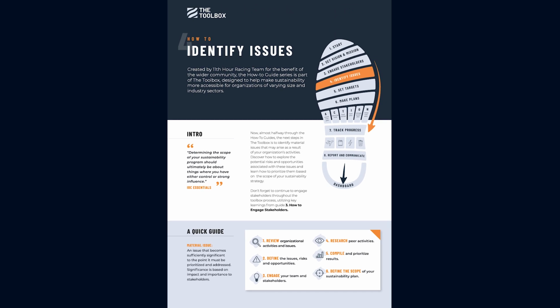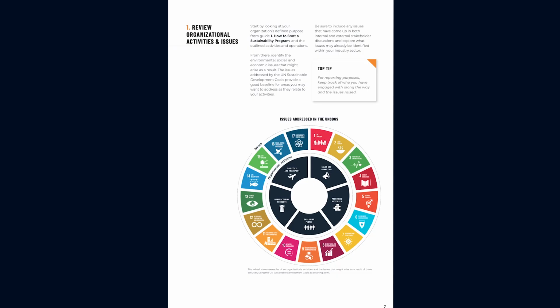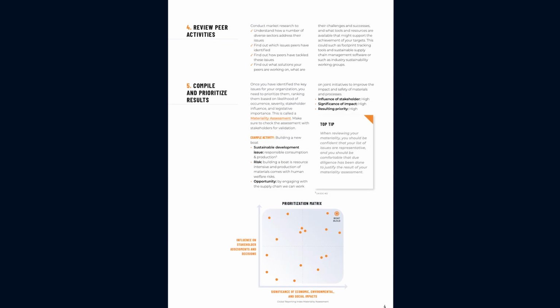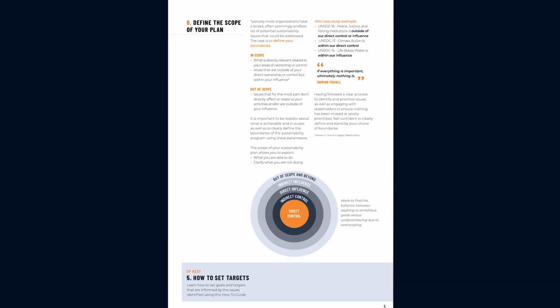The how-to guide outlines the 6 key activities in more detail. We will review our organisation's activities, identify the risks and opportunities and use the information obtained in steps 1 and 3 to include engagement from our team, research how peers have implemented a sustainability plan using industry benchmarks or certifications, compile and prioritise the issues surrounding our organisation, and define the scope and boundaries of the sustainability plan we will draw up in steps 5 and 6.